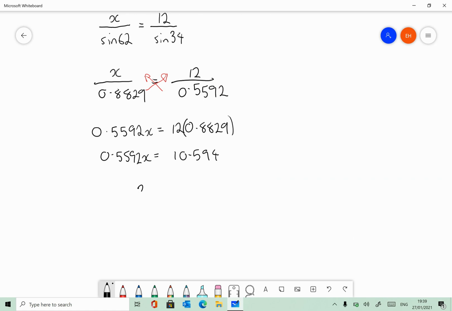To get x by itself, I go 10.594 divided by 0.5592. So x is equal to 18.95.